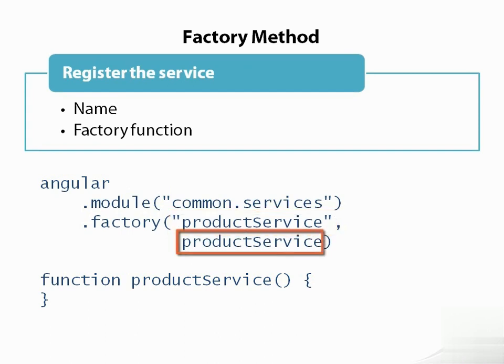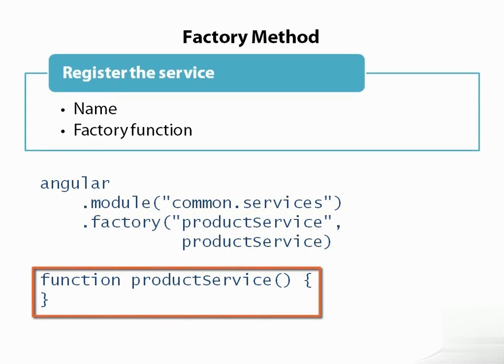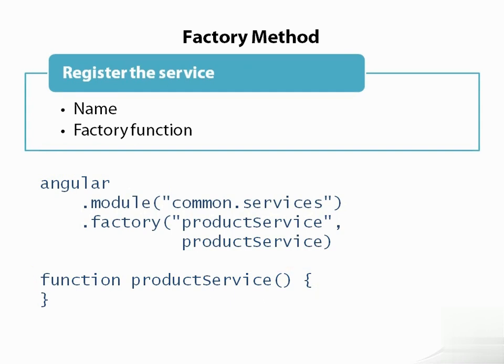The second parameter is the service factory function. In this example, the function is referenced by its name, and here is the service factory function itself. The business logic code is defined within this function. Once the service is registered, Angular can reference it and inject it as a dependency as needed.